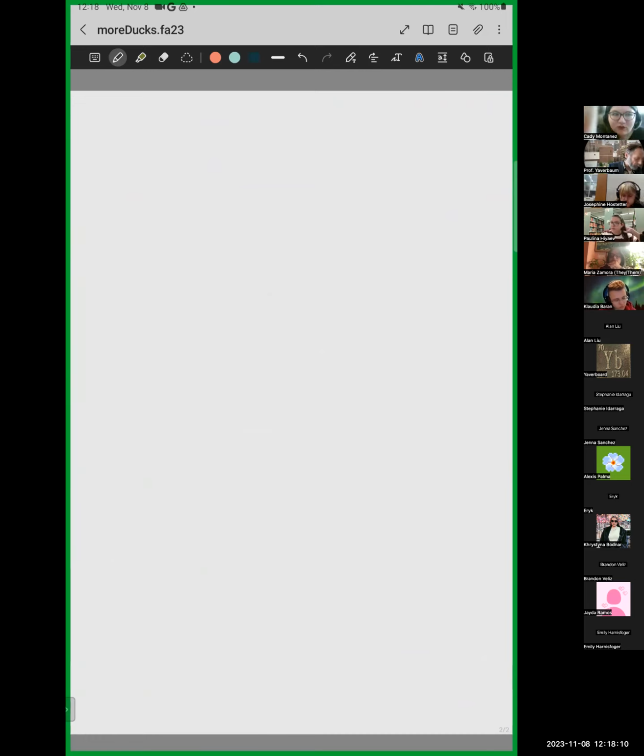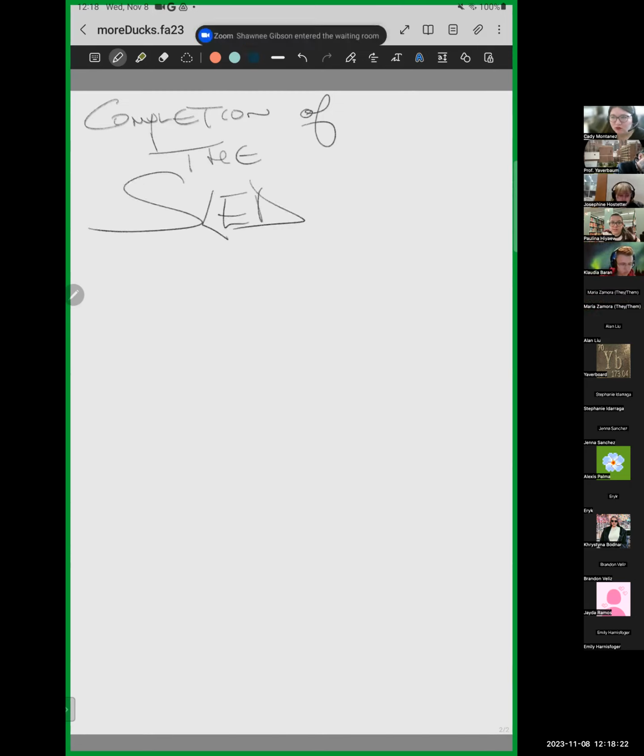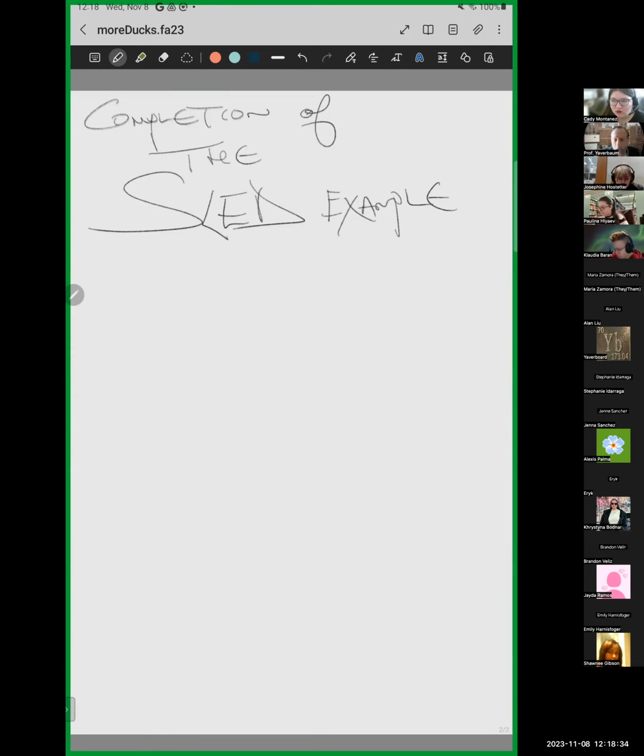I'm completing the sled example. I know we used this sled example, I attempted to use it, to walk through all of the steps that need to happen when you're solving a Newton's law problem.